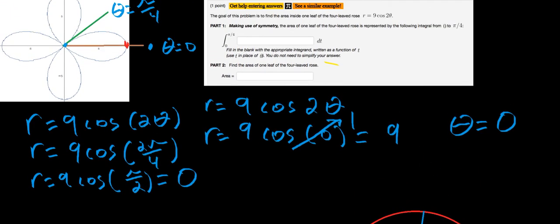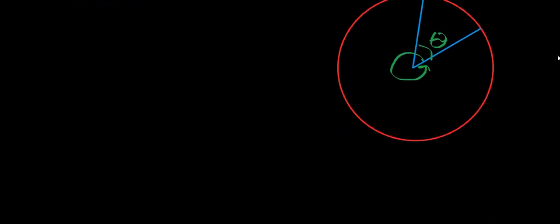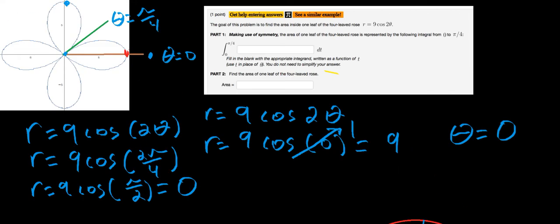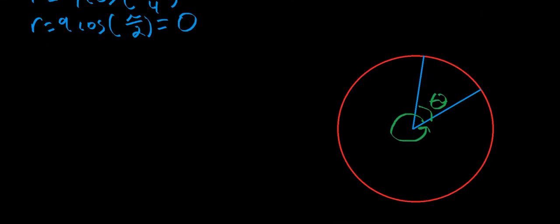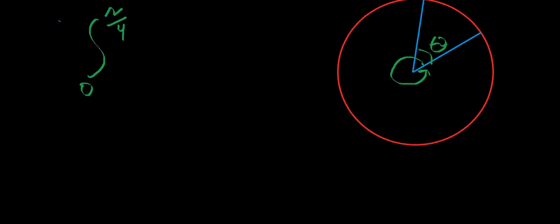Okay, so now for part 1, the integral. We have our integral, they give us some bounds, and we confirmed our bounds. And we're going from 0 to pi over 4. So, yep, 0 to pi over 4.